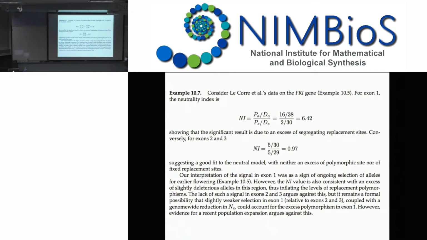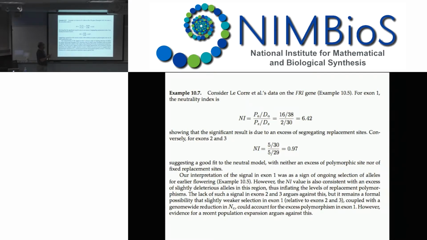So you go back here to the Phrygia data, and the neutrality index for exon 1 shows a massive increase in the amount of polymorphism relative to divergence. We've put an adaptive spin on that. It doesn't have to be, but I think in our case you can make a point because these polymorphisms result in loss of function, which gives you early flowering, which in this case is favored.